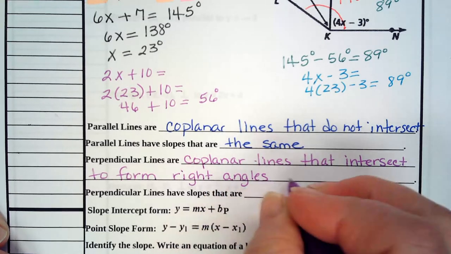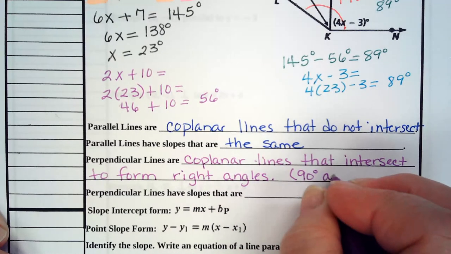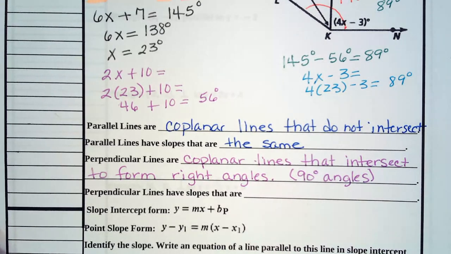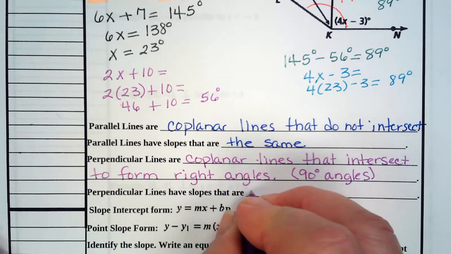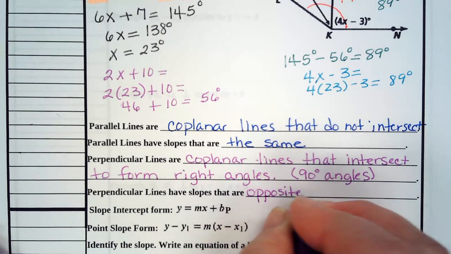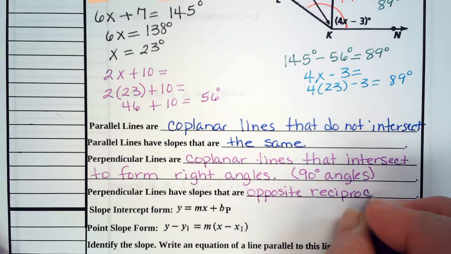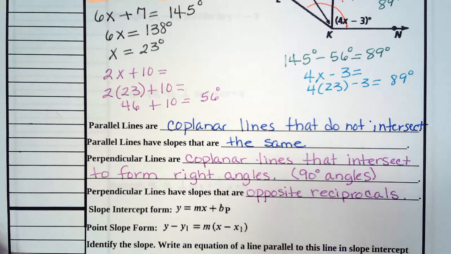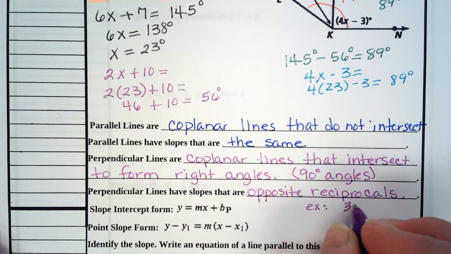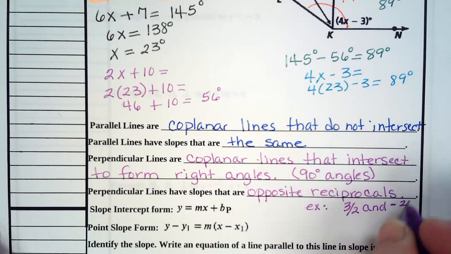And remember that right angles are 90-degree angles. Perpendicular lines have slopes that are opposite reciprocals. An example would be 3/2 and -2/3.